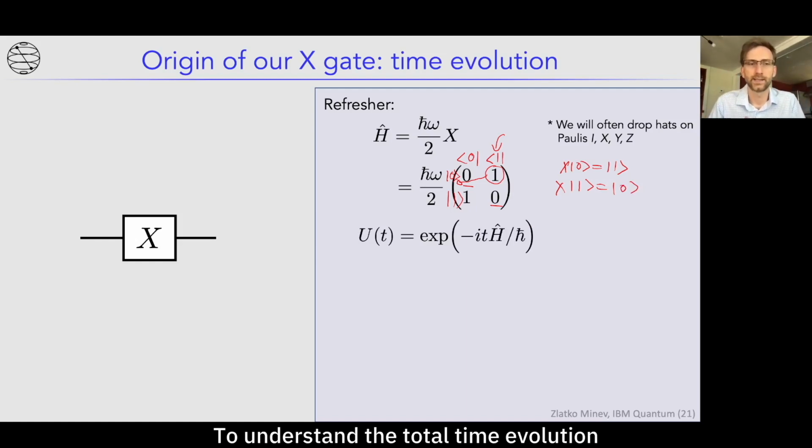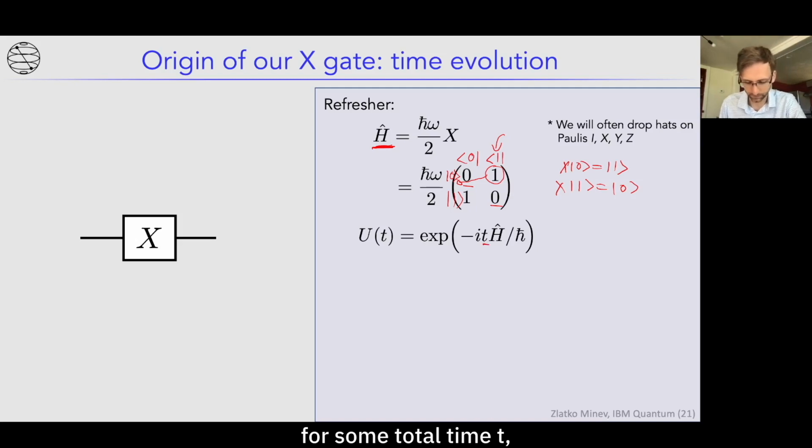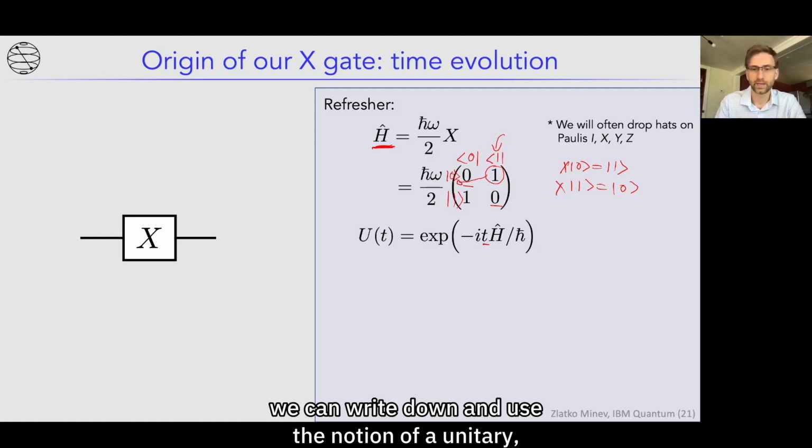To understand the total time evolution, or what happens as you evolve the quantum state under the action of this operation, this Hamiltonian, for some total time t, we can write down and use the notion of a unitary.